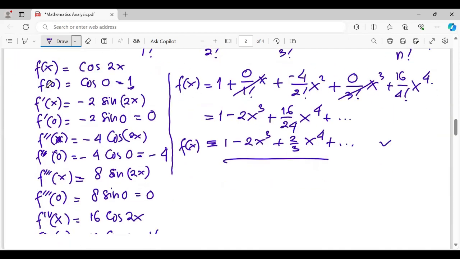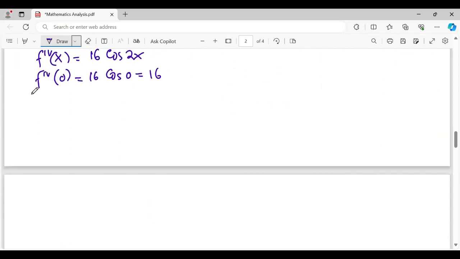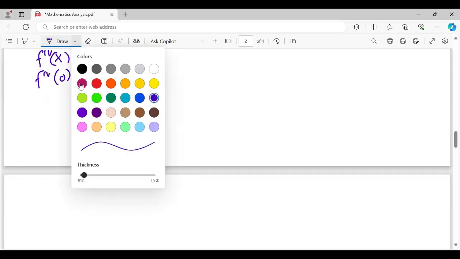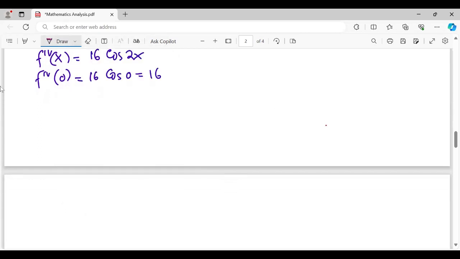Okay, next. This is part D(i), next part (ii). I'm going to use another color. Now e to the power cosine 2x minus 1.